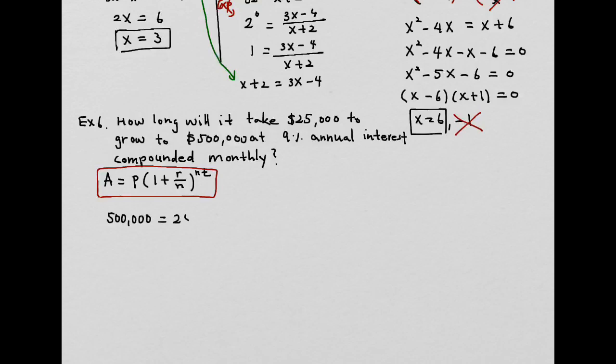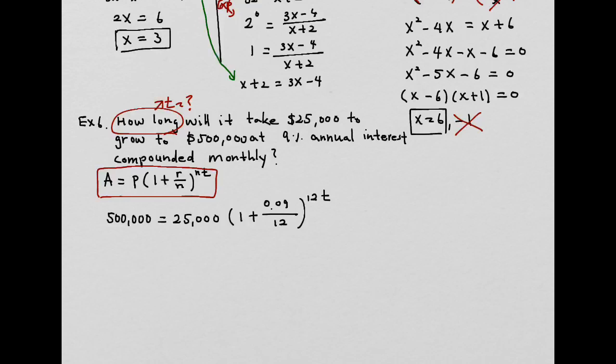Principal, we're starting with 25,000. 1 plus your rate of 9%, 0.09. And N is compounded monthly, so we have 12 months a year, and N is 12. T is unknown, how long. So we're trying to find what T is equal to.